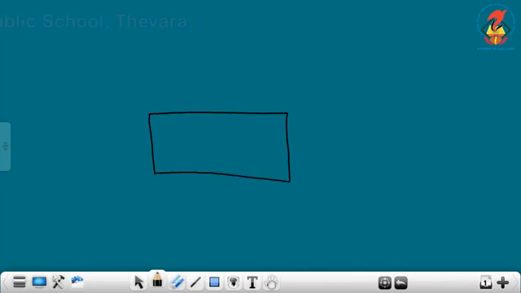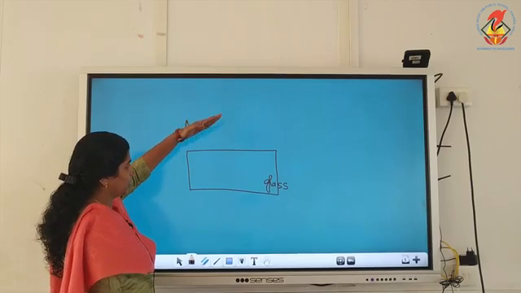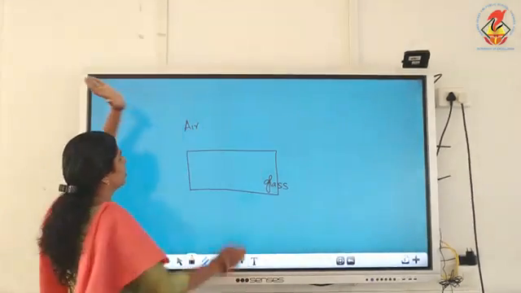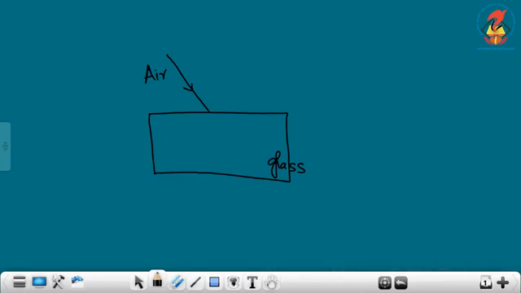It's glass. This one is air. This is the surface separating the two media: air and glass. This is the incident ray, a ray of light that travels from one medium to another.